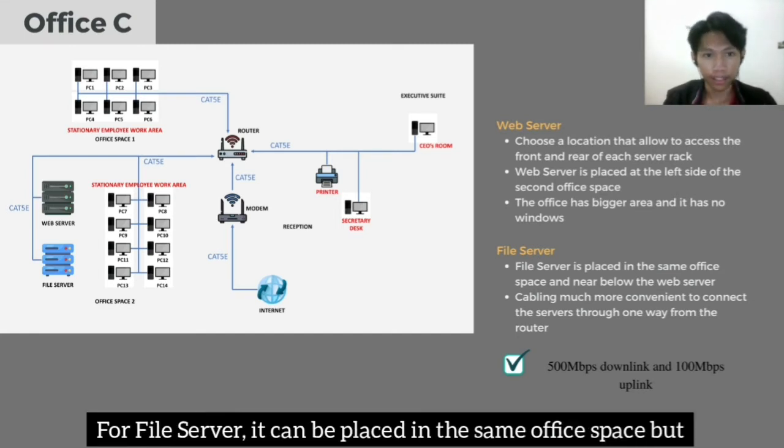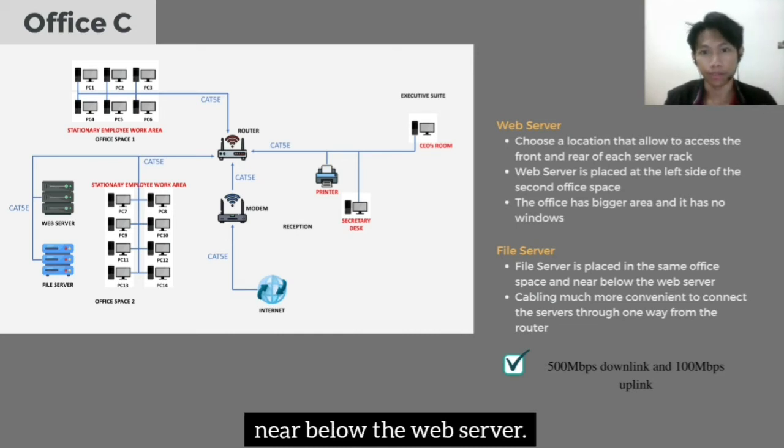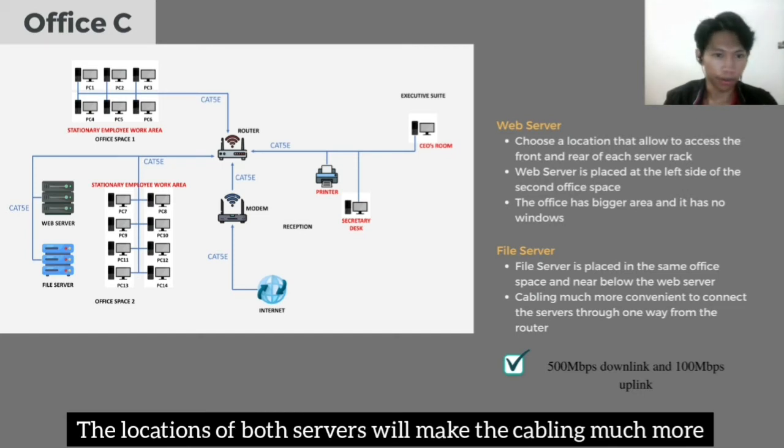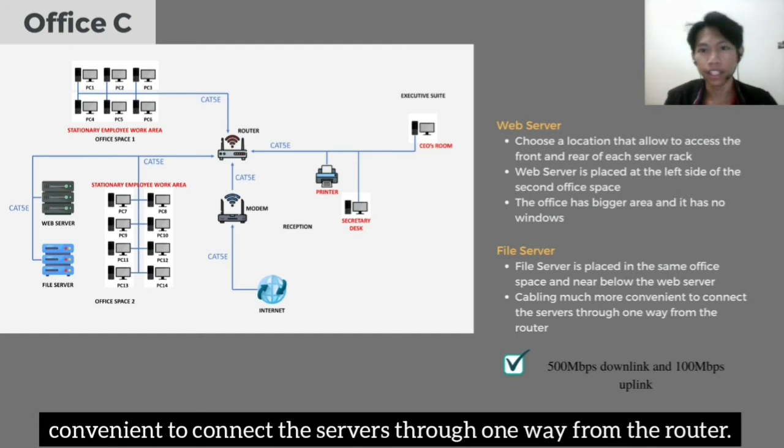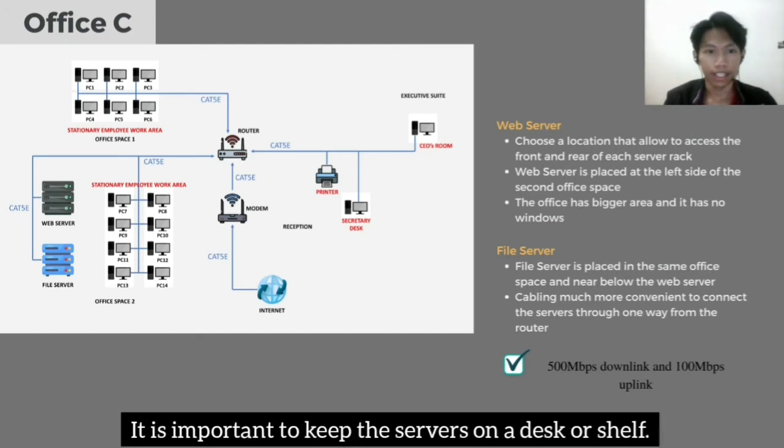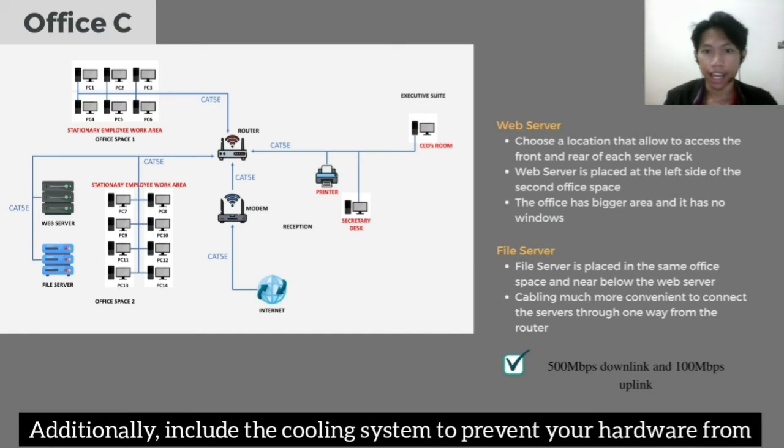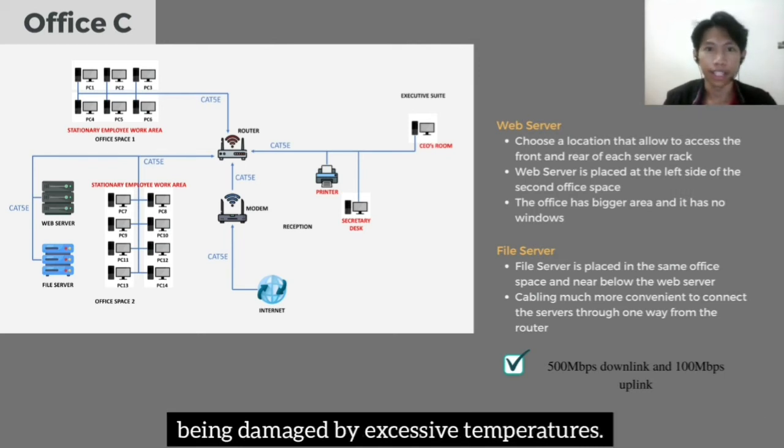The file server can be placed in the same office space but near and below the web server. The location for both servers will make the cabling much more convenient, connecting the servers in one way from the router. It is important to keep the servers on a desk or shelf. Additionally, include a cooling system to prevent the hardware from being damaged by excessive temperatures.